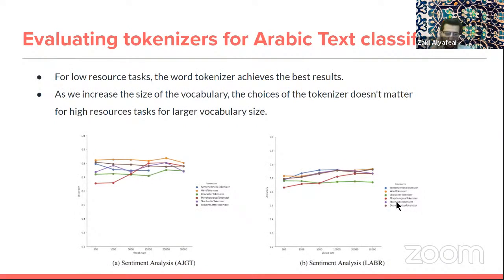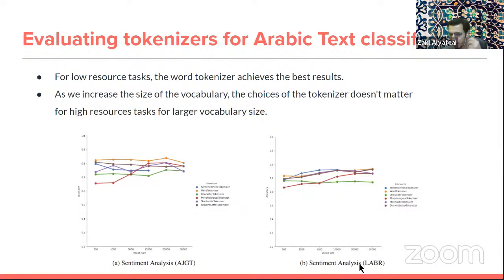So now that we gave some examples of the different tokenizers that we have, we are trying to benchmark them against different datasets. Here we compare on two different datasets. The first one is low resource, which means that it contains around 3,000 sentences.